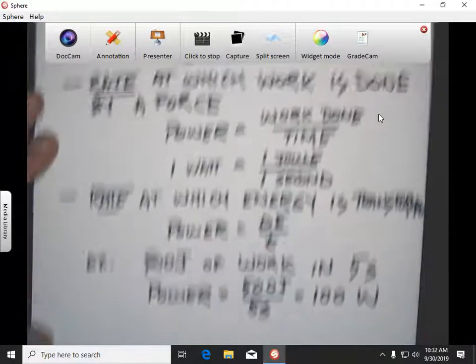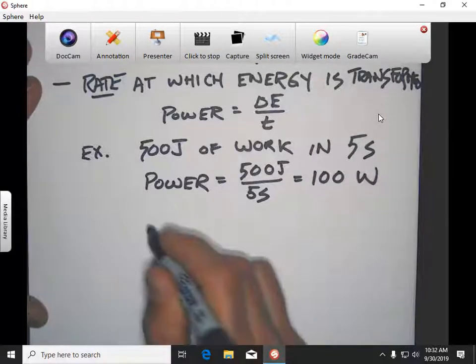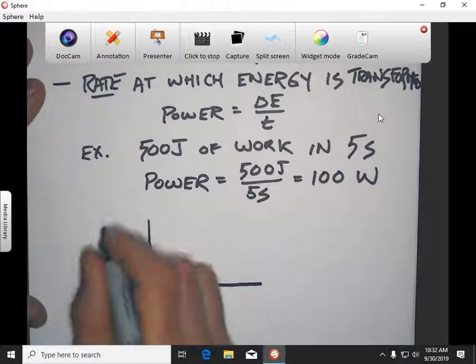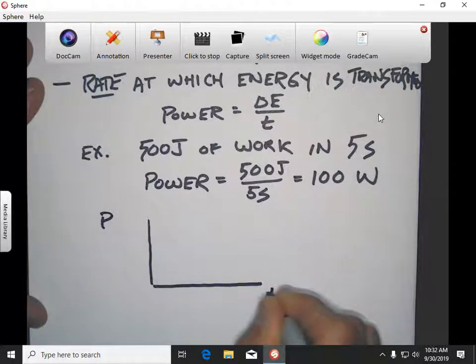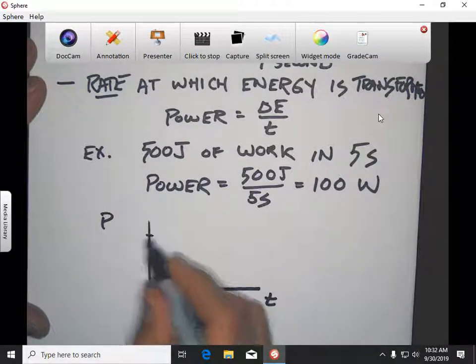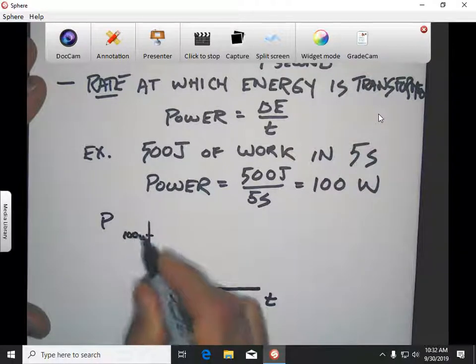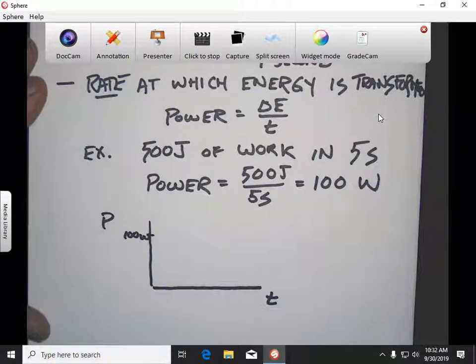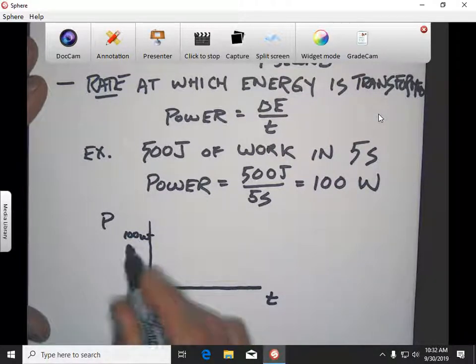Let's take this same example, and let's say that we have information that is given to us in graphical form. So let's say that we have a graph of power versus time. And let's make the assumption here that our force basically acts with a constant power of 100 watts.